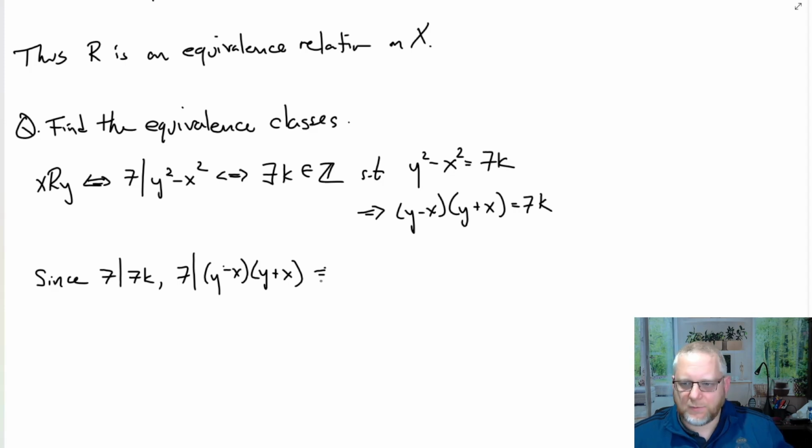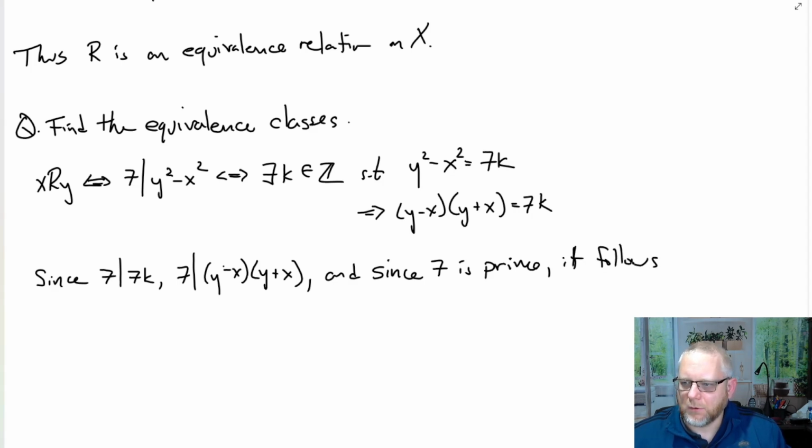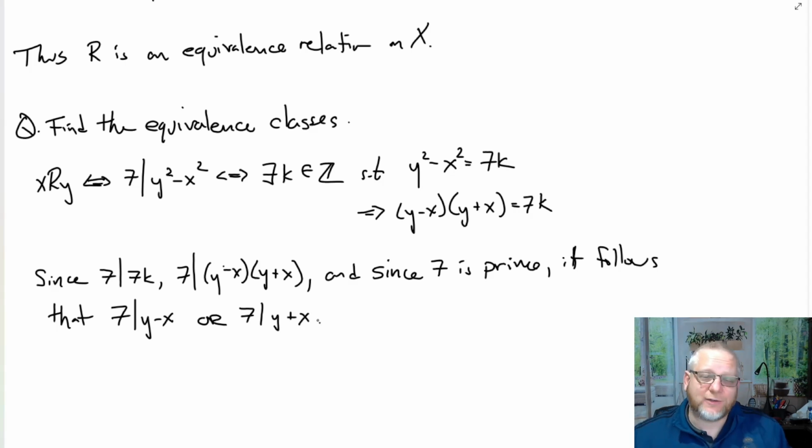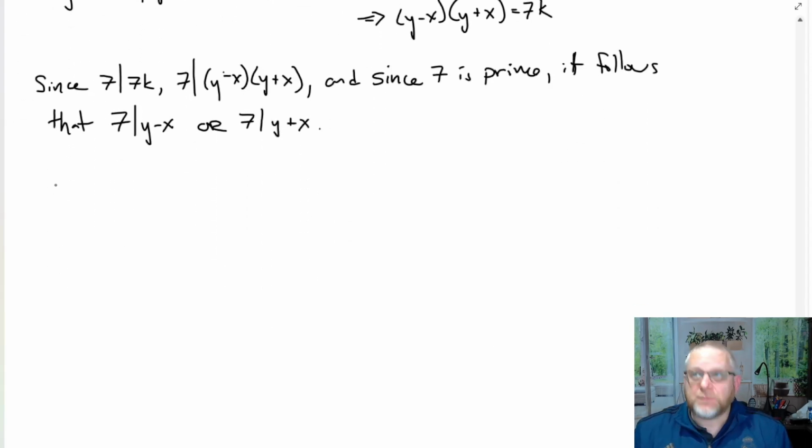And since 7 is prime, it follows that 7 divides y minus x, or 7 divides y plus x, right? One of those two factors must be a multiple of 7 to get this. All right, so what this becomes is that two numbers are related if either their difference is a multiple of 7 or their sum's a multiple of 7.